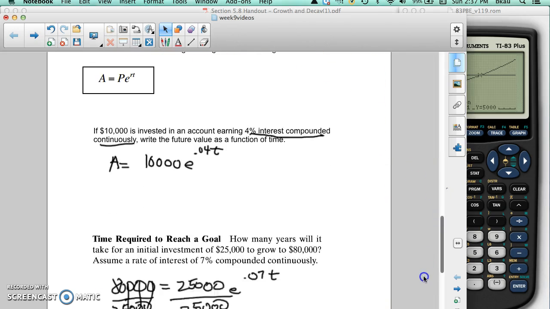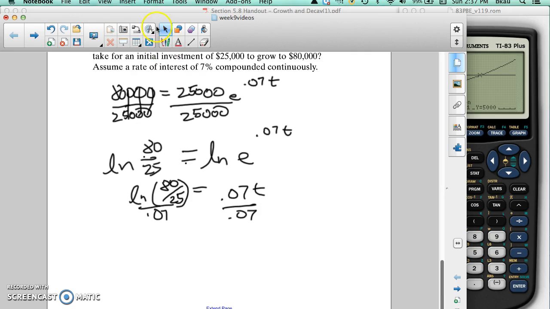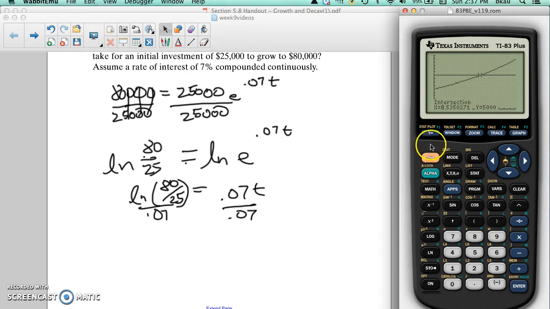All right, now on the last one here, we're just going to verify this. We did not actually compute this value on the last video, so let's do that. So it was ln of 80 divided by 25. I didn't reduce that all the way. I could have reduced it even further.